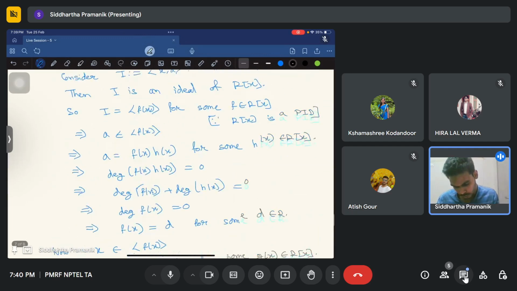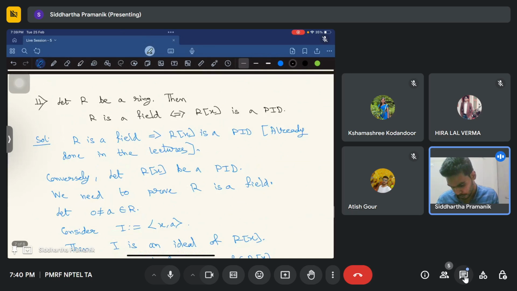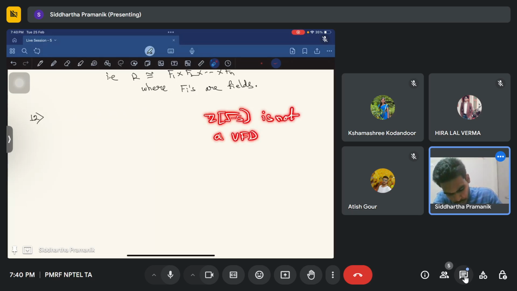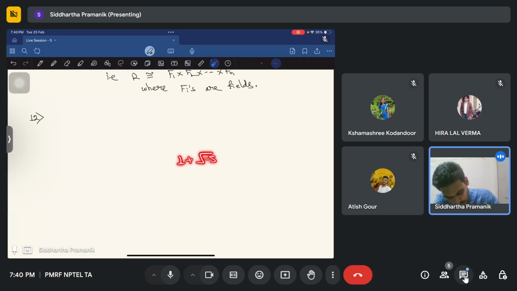Okay, so let's move on. Problem number 12. We all know that Z[root minus 5] is not a UFD, right? How we have proved it is, we have taken 1 plus root minus 5 times 1 minus root minus 5, and this is exactly equal to 6.